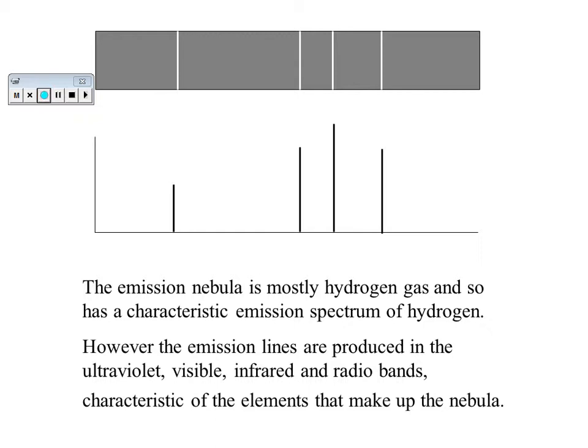So emission spectrum, because it's emission, it's gas which is glowing, it's giving off its own light, and that own light is coming from increasing heat. And it's mostly made out of hydrogen, so we expect to see very, very clearly the hydrogen lines. You don't have to call them the 4 hydrogen lines, just say the hydrogen lines. Would we expect to see anything else?